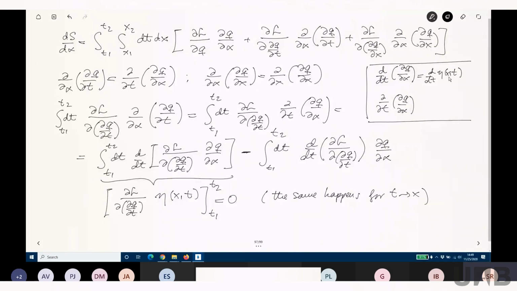Now x is an index. x replaces the index i that goes from 1 to n, except that now it's continuous. So x does not depend on t. And if x does not depend on t, this derivative and this derivative are exactly the same. Right? Okay, any other question or comment about this?